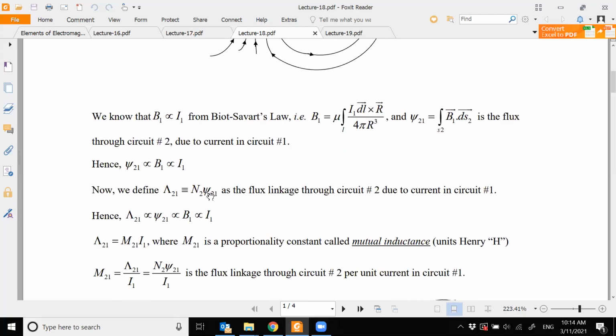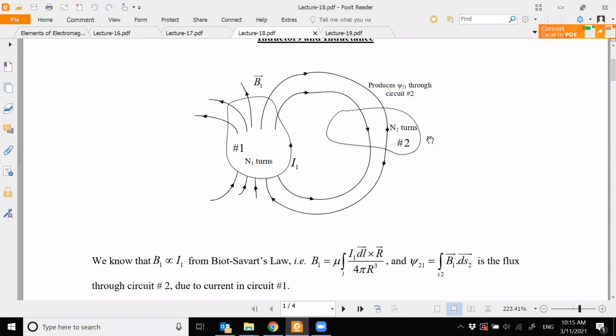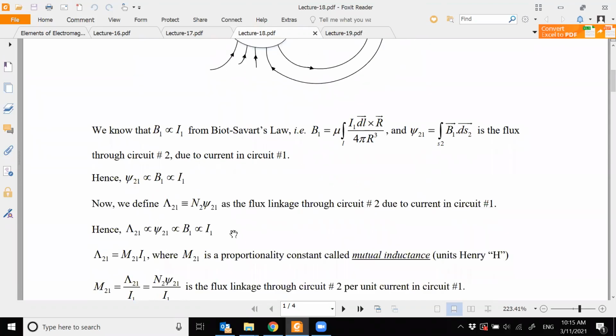Now, what I am doing here, I am defining a flux linkage, which is very well known. Flux linkage is nothing but psi 21, the flux in the second loop. But if the second loop has N turns, then we define the flux linkage, which is just the multiplication of the number of turns with the flux.